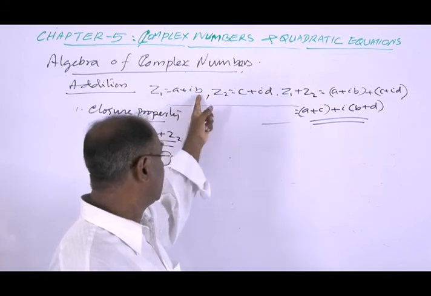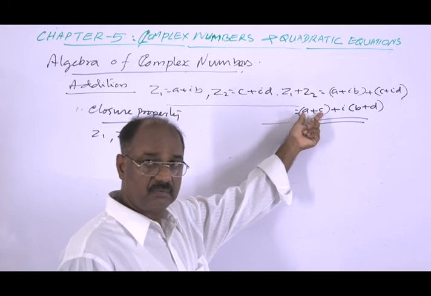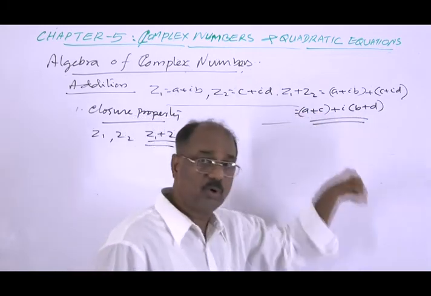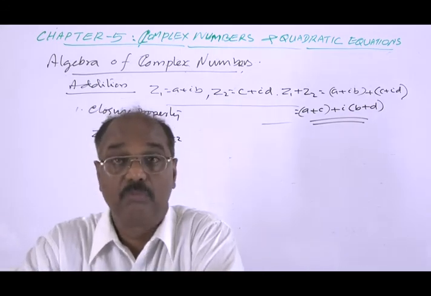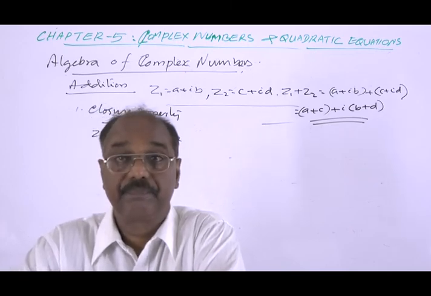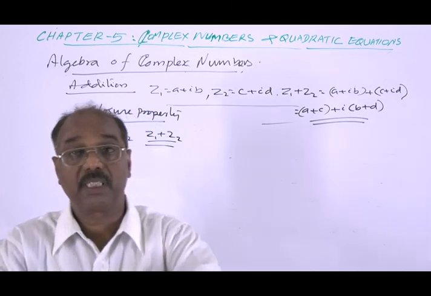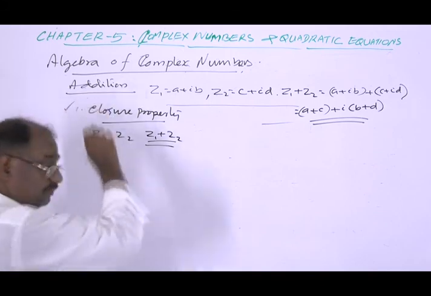A and B are real numbers, C and D are real numbers, and therefore the sum A plus C, which is real, and B plus D, which is also real, is in the general form A plus IB. Therefore, it is again a complex number. So the sum of two complex numbers is again a complex number, so the closure property is satisfied. Okay, the first property is satisfied.